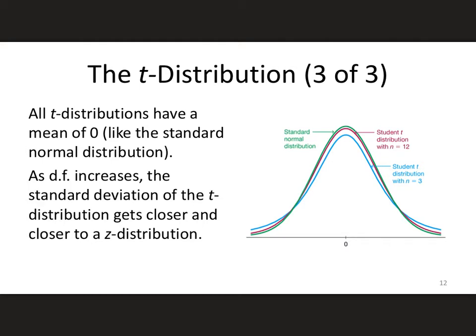As the degrees of freedom increase, the standard deviation of the t-distribution gets closer and closer to a z-distribution. You can see here in the image, the green is the standard normal distribution, and as the n changed, it gets closer and closer to that standard normal distribution.